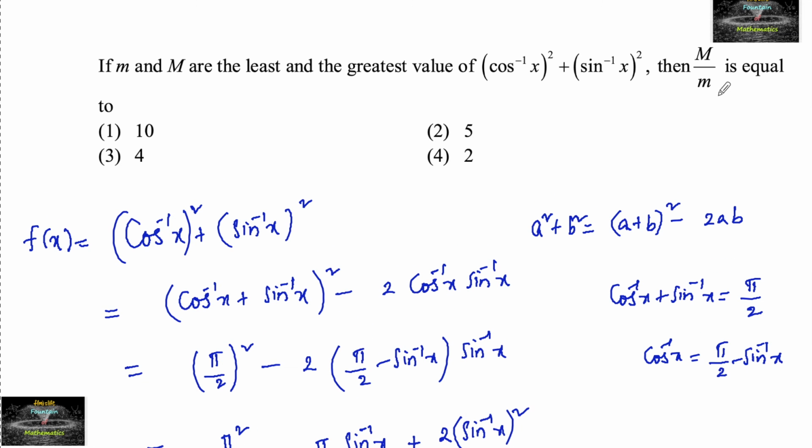So M upon m is equal to 10 pi square by 8 divided by 1 times pi square by 8. So pi square by 8 can cancel. So answer is 10. So we can go with option 1.